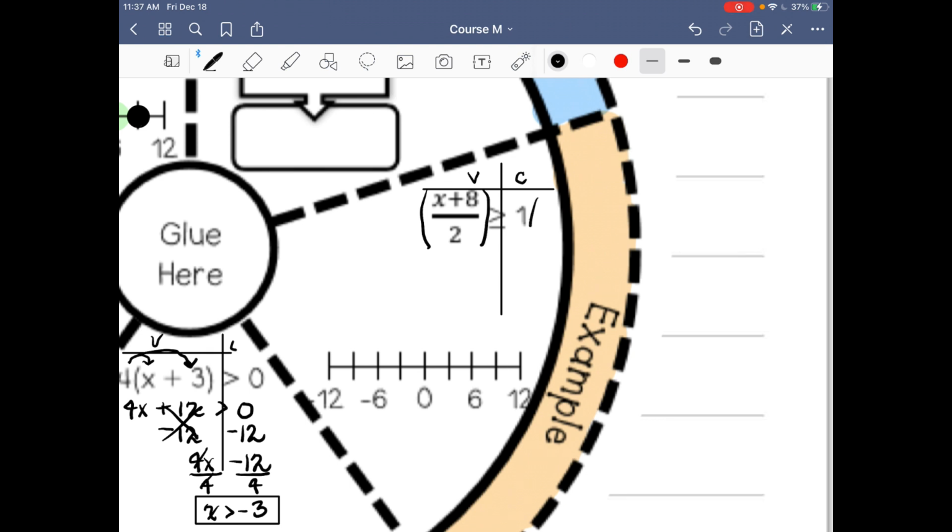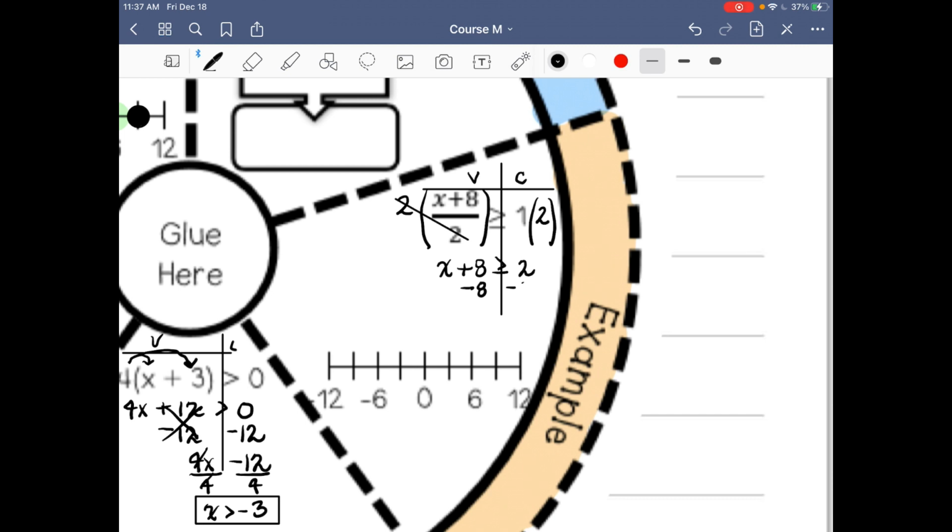I'm going to multiply both sides by 2. And what that's going to do for me is to cancel that 2. So I'm left with x plus 8, and that was a positive 2, so we don't reverse our sign. 1 times 2 is 2.